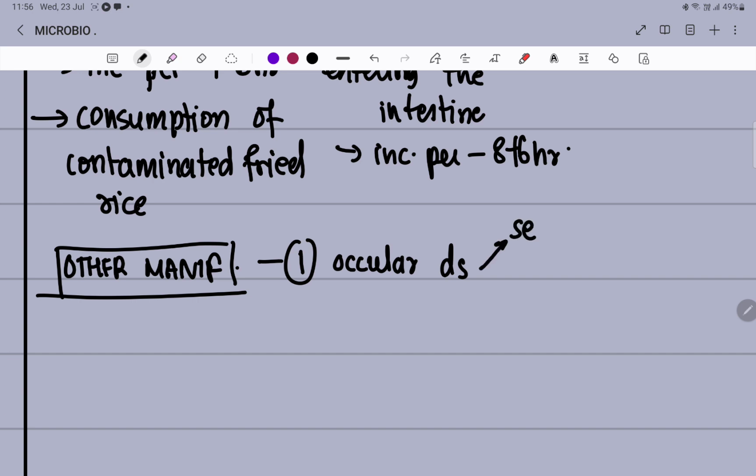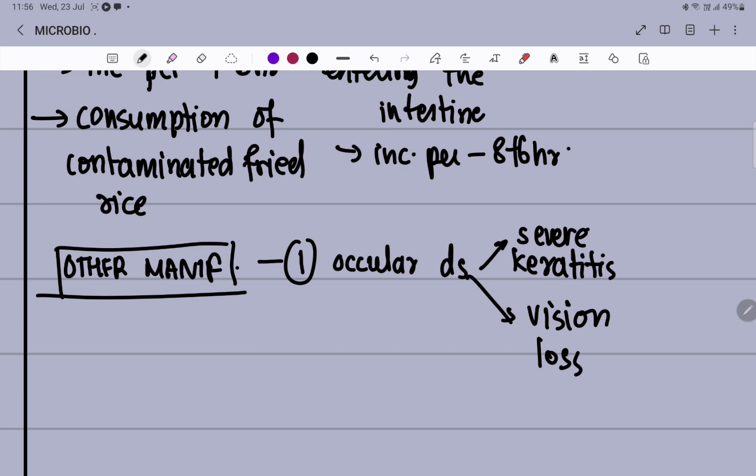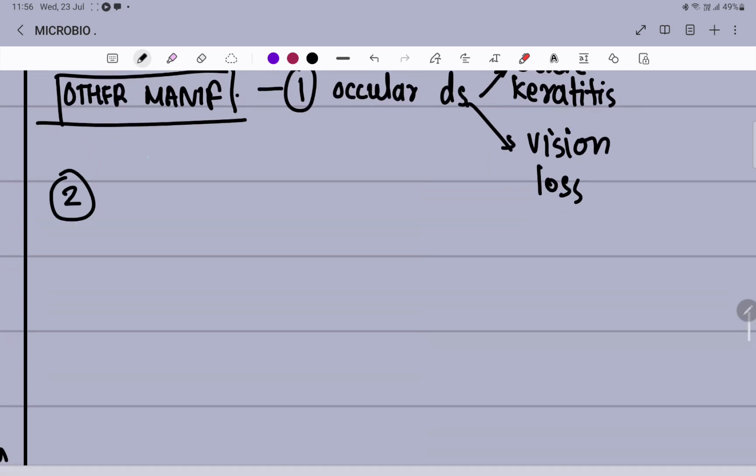Like severe keratitis. The next is vision loss. These are the ocular diseases.